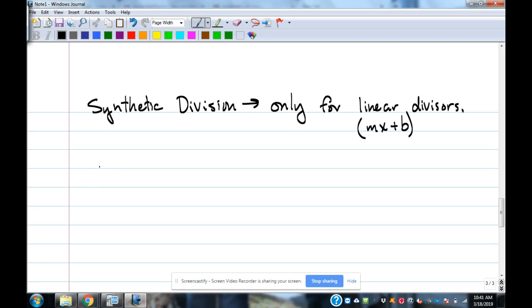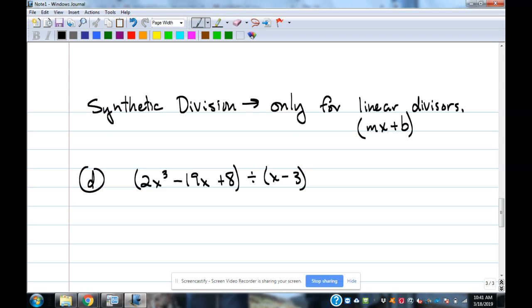All right, so let's look at doing a synthetic division problem. Start with 2x cubed minus 19x plus 8 divided by the linear divisor x minus 3. Okay, now setup is similar to long division in that you need to have a representative from every power, and it needs to be in descending order for your dividend.